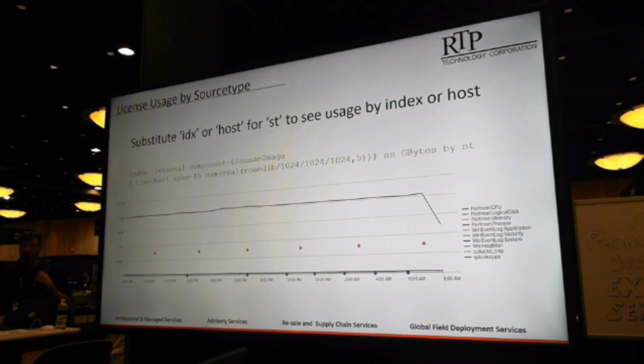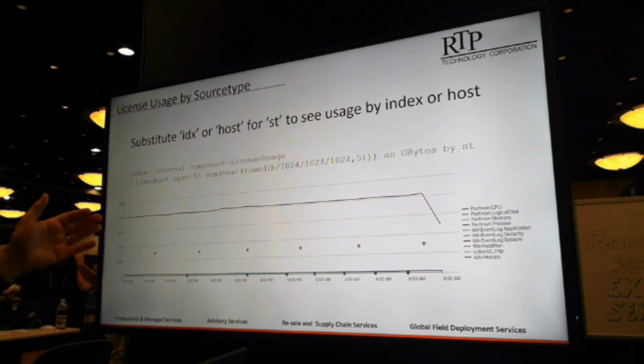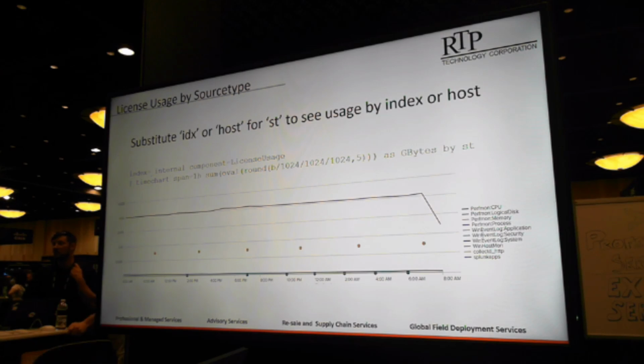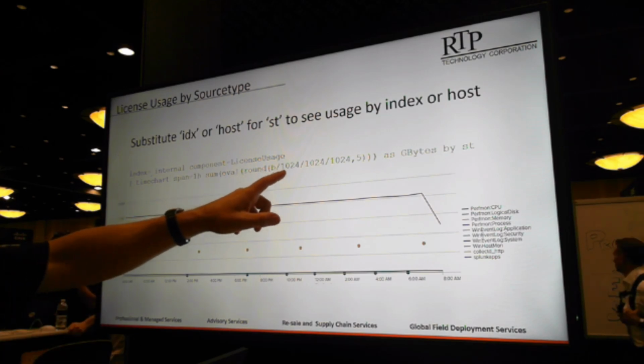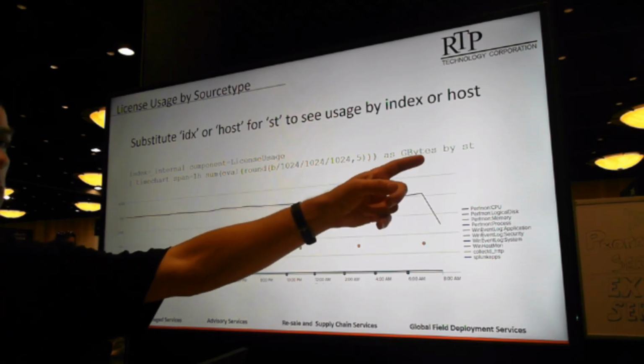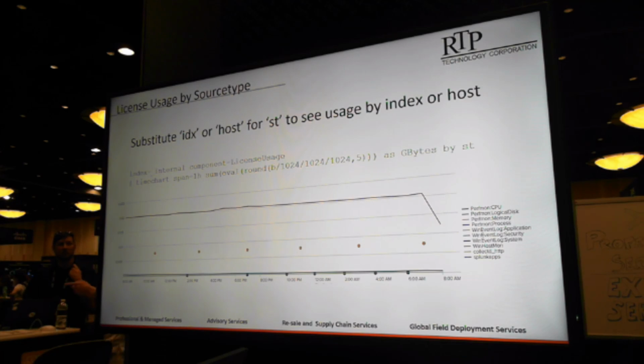Going back to license usage, we looked earlier at license usage by index. Here we can see usage by source type. Different component this time. Again, we're converting bytes into gigabytes and breaking it down by source type. So st is the abbreviation used within the internal log for source type.